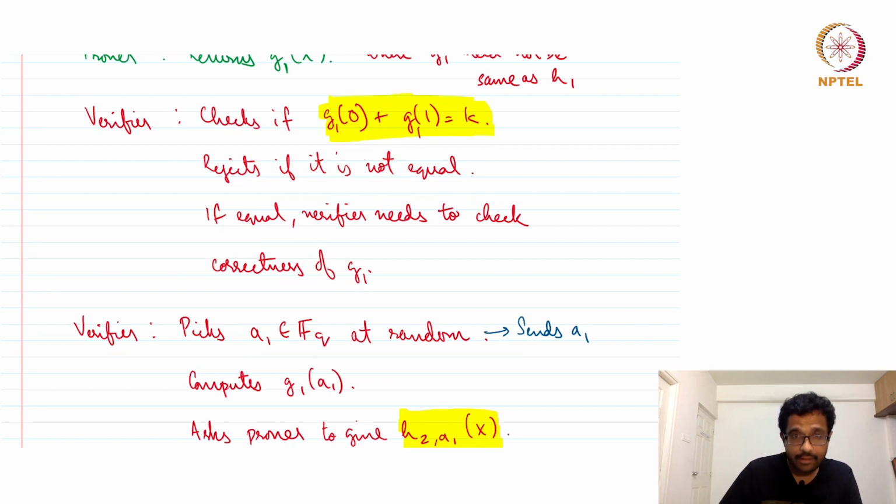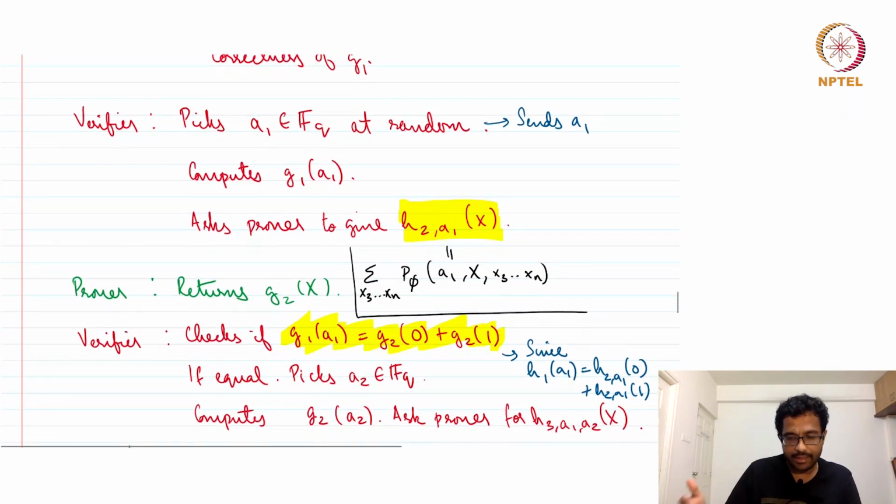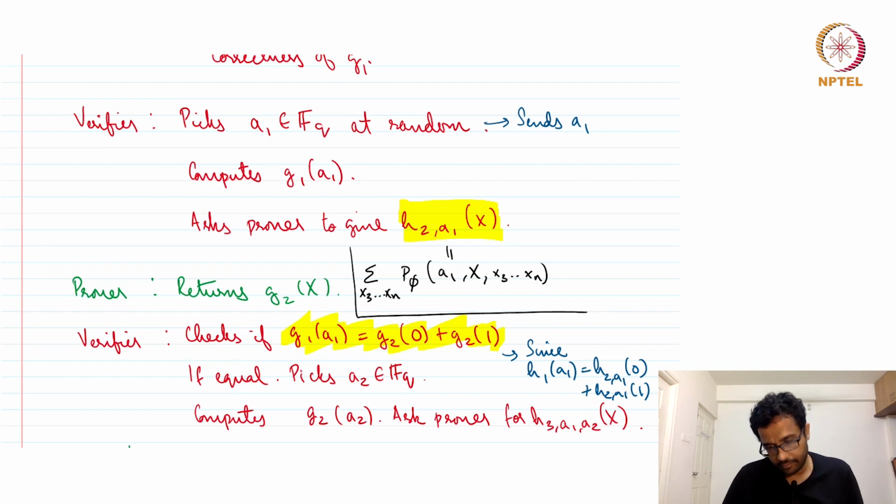And even if the prover gets lucky here, and G1 A1 happens to be correct, even then potentially he could be caught at the end.